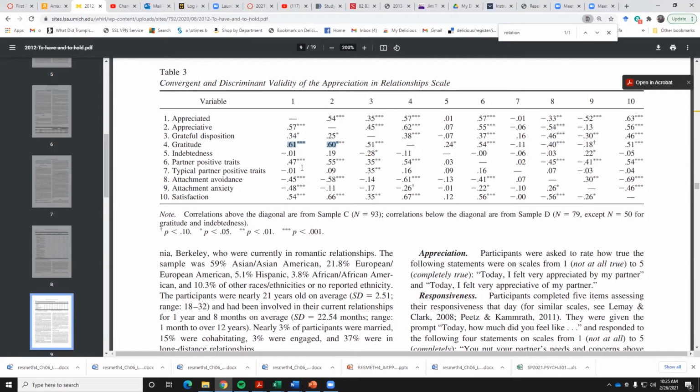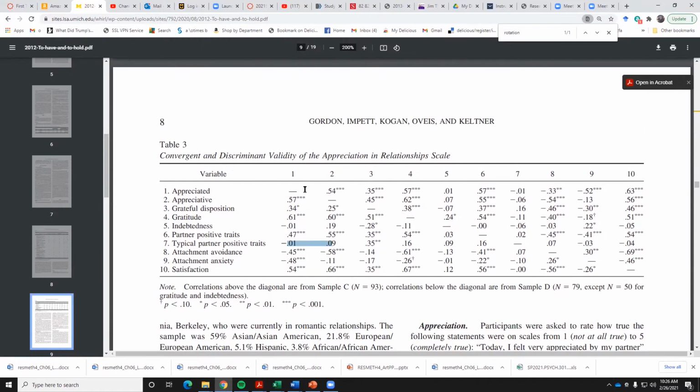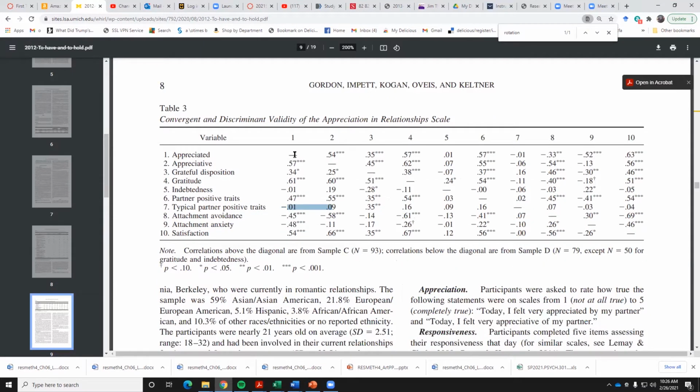And then as you're looking at the other items, the off diagonals, we start to see smaller correlations. So that's an example of a better view of how you can get convergent and discriminant validity and appreciation in the relationships. Okay.